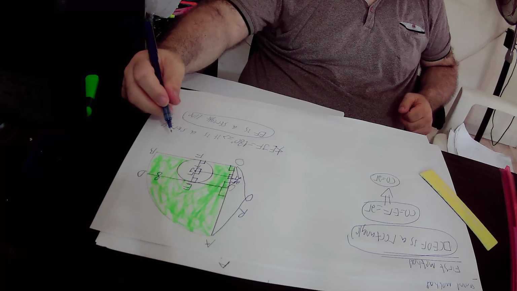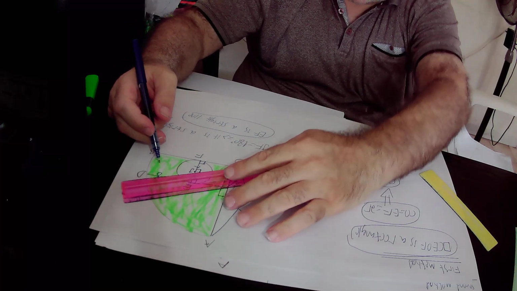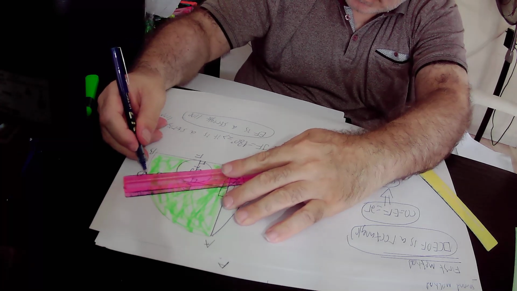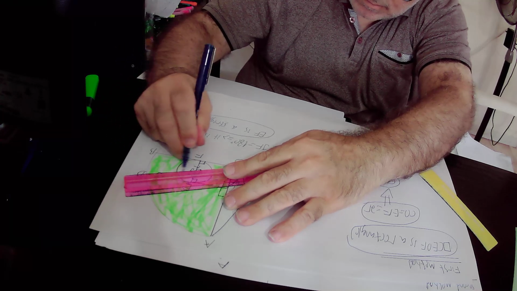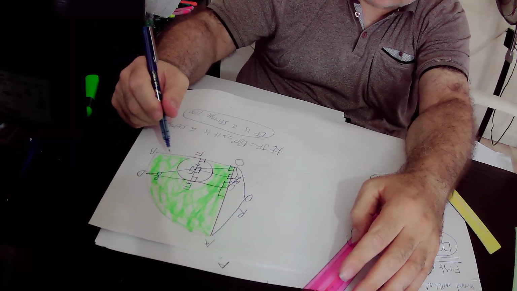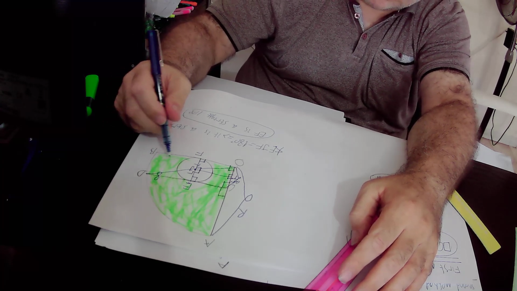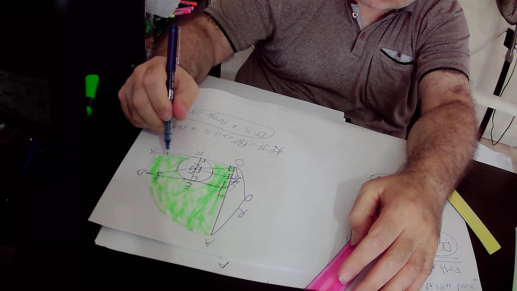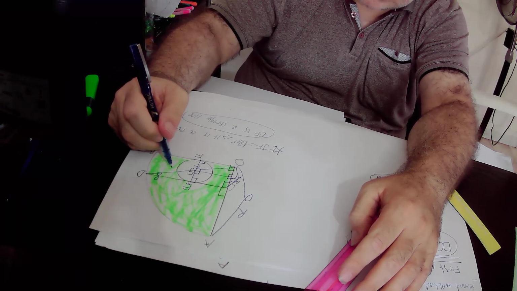In the next step, we'll join points O and D together by a straight line. Point O is the center of the quarter circle. Point D is a point on the quarter circle itself. Therefore, OD is the radius of the quarter circle, that is equal to capital R.